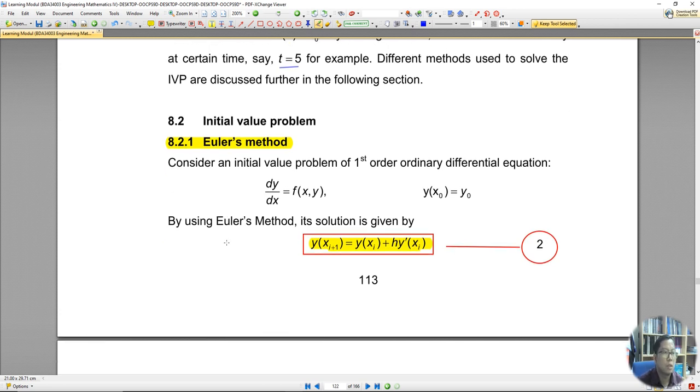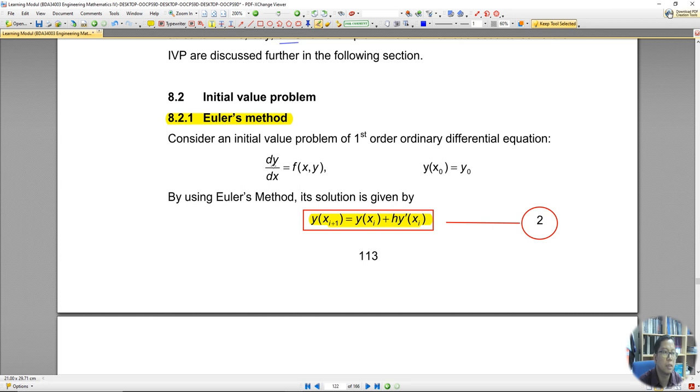Okay, so we go to the first method, which we call the Euler method, for solving initial value problems. In this method, let's say we have dy/dx, or y prime, equal to f(x, y).